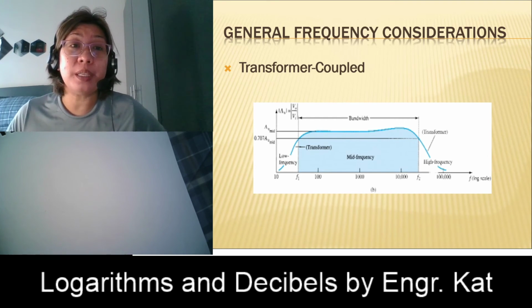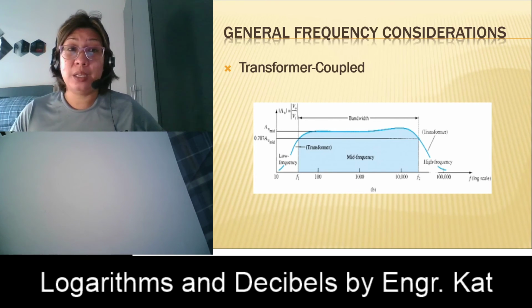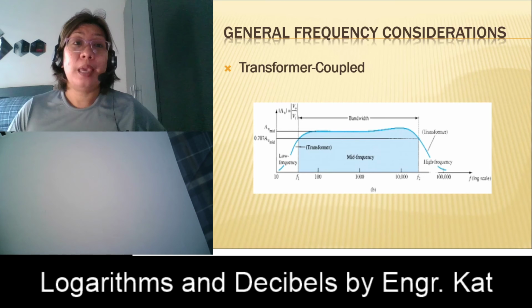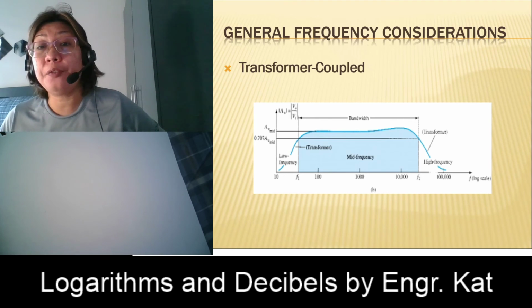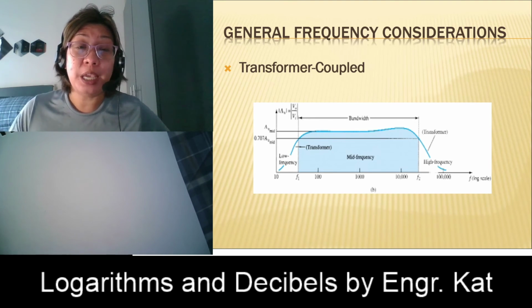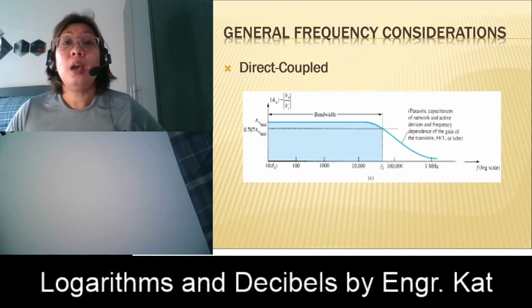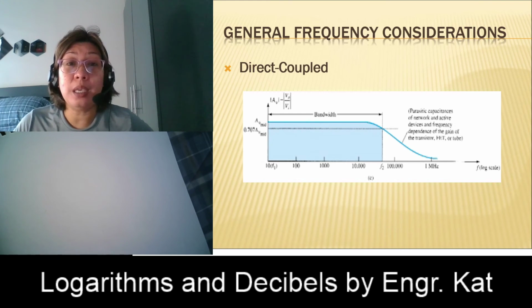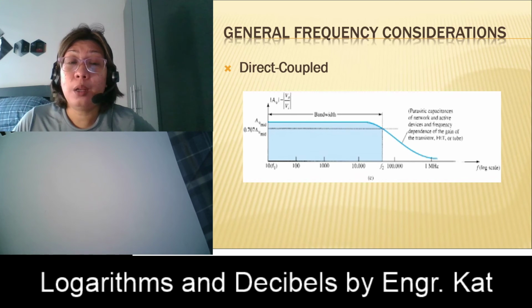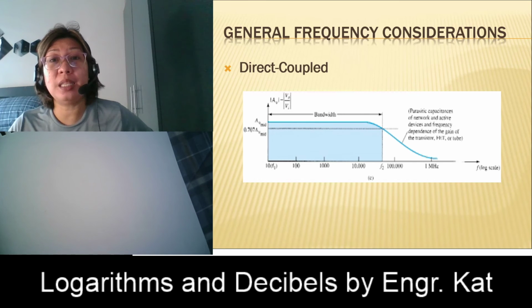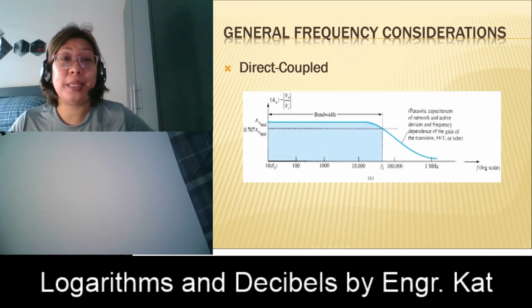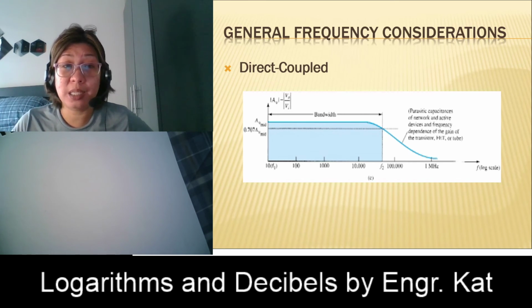Remember, your transformer is an inductor, and an inductor also has a frequency response in your circuit analysis. So the one which causes the low frequency and the high frequency response is the transformer in the form of a coil. While for direct coupled, you have no lower frequency response, just the upper frequency response, and that is because of your parasitic capacitances. So we're going to discuss this as we go on.